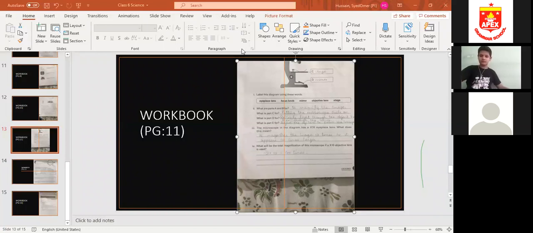Anyone else can answer me? Fine and coarse focusing knob. No, it's not focusing knob. You can see from the image, it is a mirror. You can write mirror. Okay.